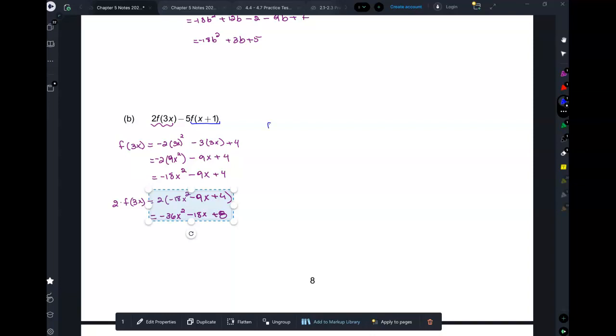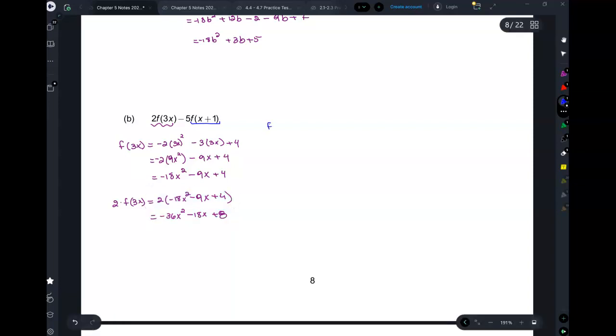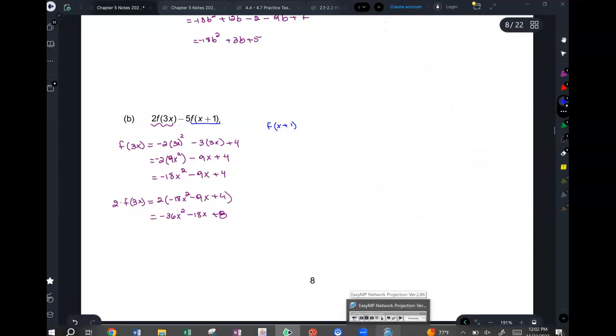So why don't we do f of x plus 1? No, I'm just multiplying by 2. I'm not squaring. In the negative 2 and then in the parentheses 3x. Yeah, so negative 2 times 9x squared, and then it'll be negative 18 times x squared. Right? Okay, I know you don't believe me, but it'll come to you.